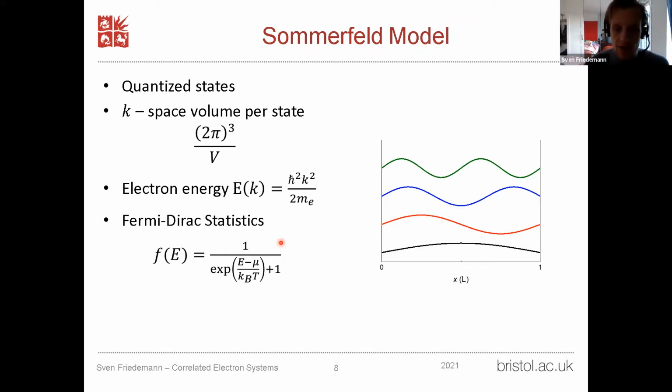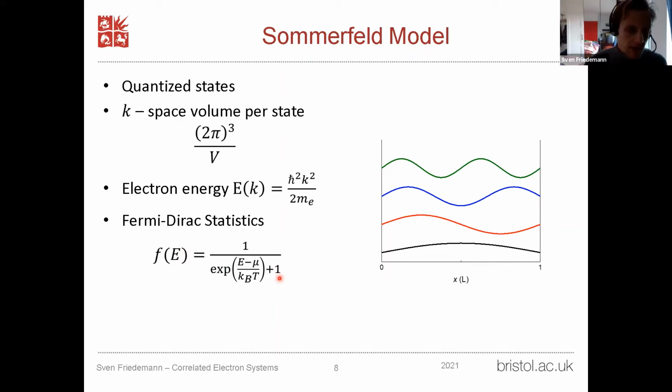At zero temperature, that would be a sharp cutoff at the Fermi energy, which of course corresponds to a specific momentum as well. At finite temperature, we can capture that some states will be occupied and some states will be partially occupied close to the Fermi energy, and that's captured by the Fermi-Dirac statistics.